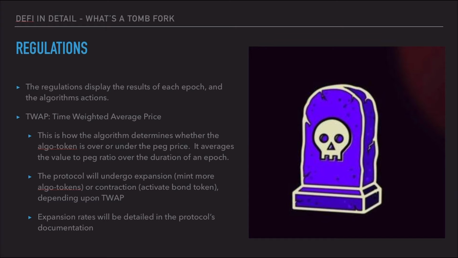So now the algorithm wants to pressure the price of the algo token up. And to do that, we are going to attempt to decrease the supply. Let's keep that in mind. Contraction, we want to decrease the supply. Expansion, we're increasing the supply. And last note there, the expansion rates generally are going to be detailed in the protocol's documentation as far as the percent of expansion in expansion epochs over time.